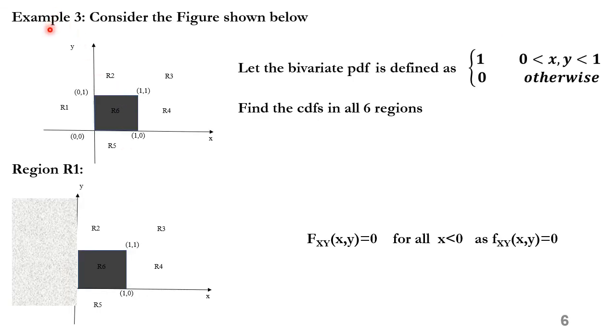We'll consider the third one. We consider the figure given here. It has 6 regions defined as R1. So this is the region we are going to consider. Next region is R2, that is this region.